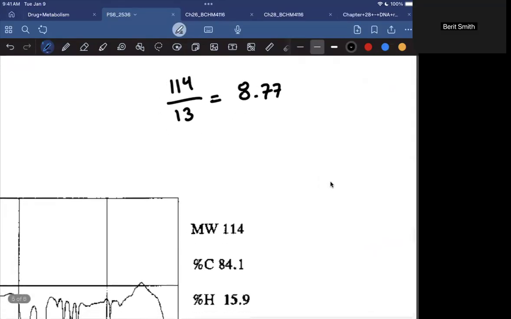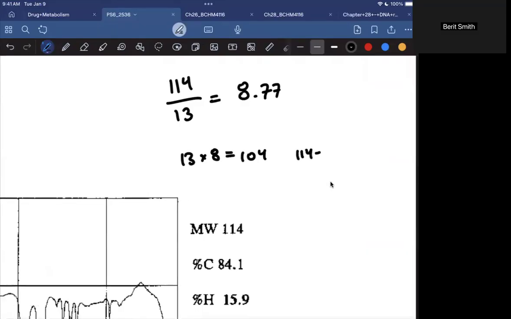So you're going to get 13 times 8, which gives you 104. And then 114 minus 104 is 10. So this is the remainder that we add to the amount of carbons that we found. So this is the carbons, and then 10 plus 8, 18 hydrogens.